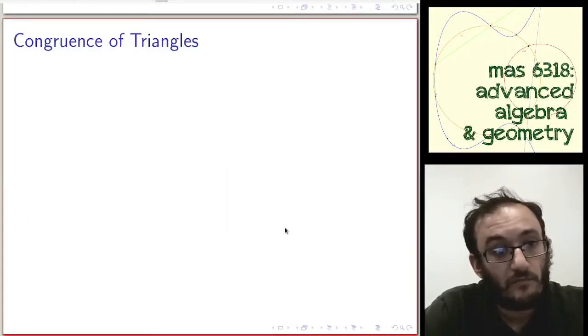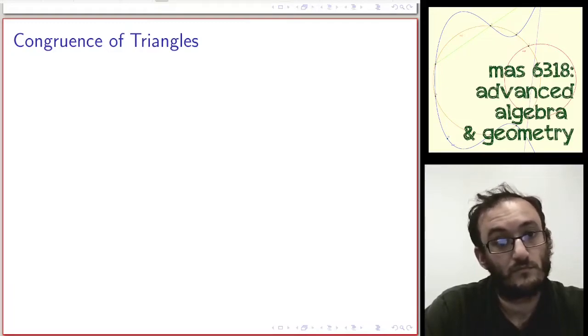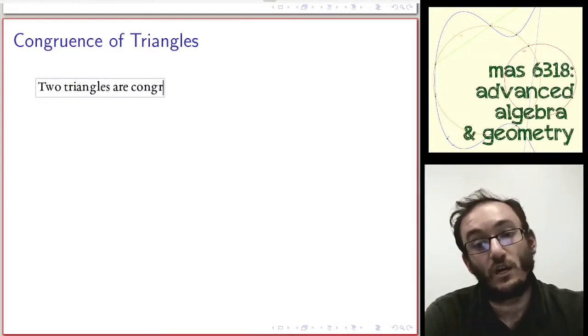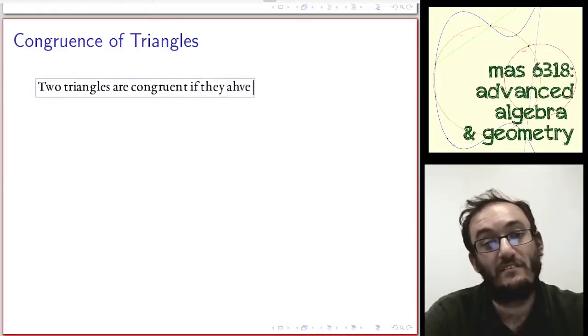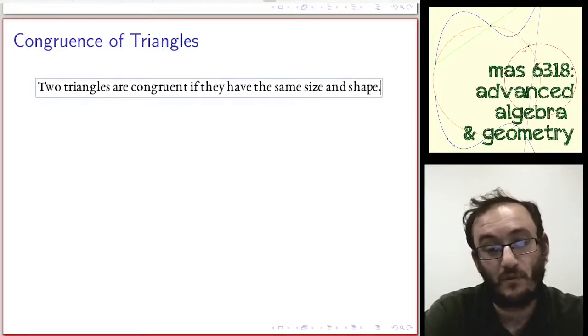Moving right along. What does it mean for 2 triangles to be congruent? 2 triangles are congruent if they have the same size and shape. Okay.